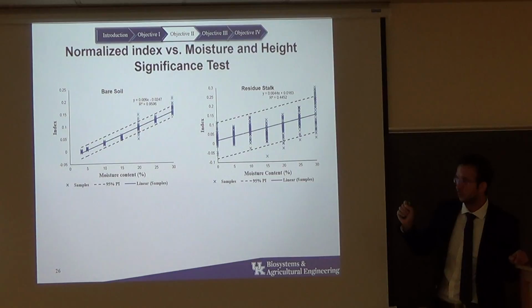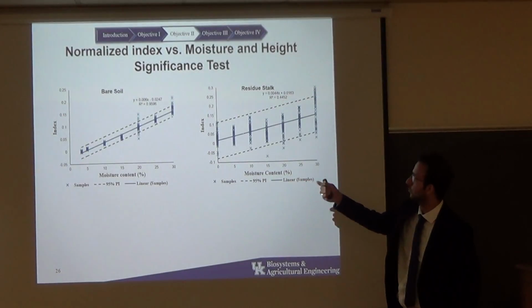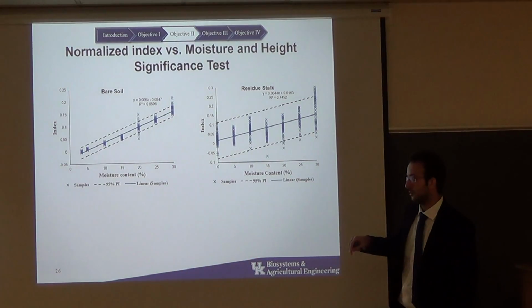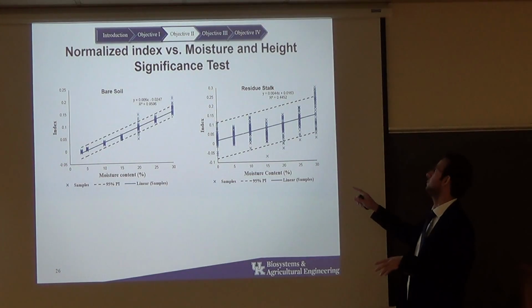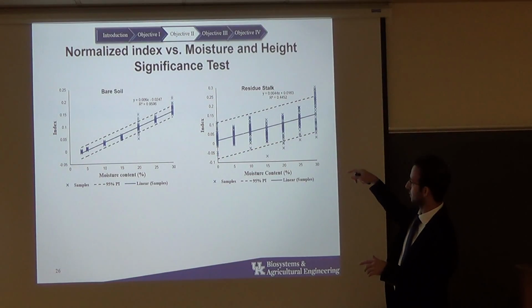When we pick one of those points inside the rectangle, we saw that the variability of the index is very low for the Bersol, so it worked pretty well. The index is 1300 and 1500, and the same index works for the residual stalk, but the variability is much higher for different moisture levels.